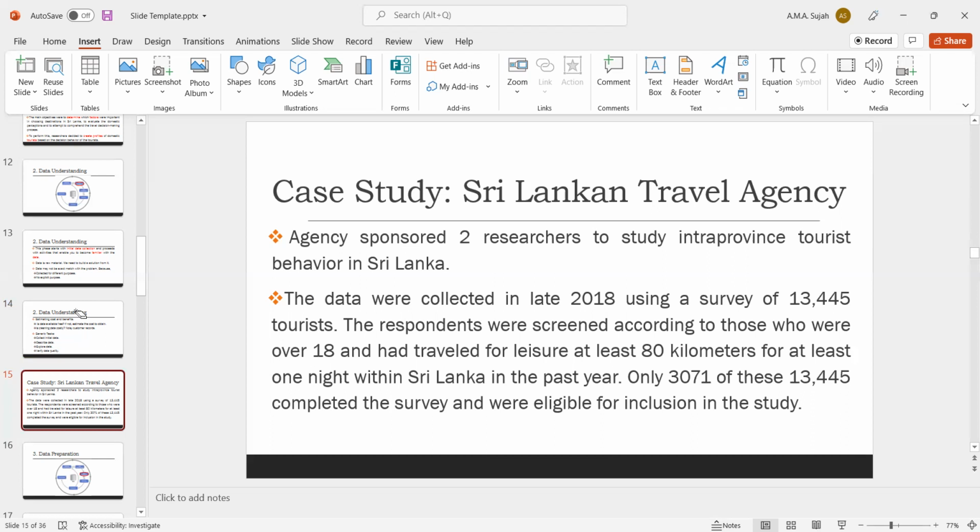So for the data understanding, what they are doing is assigning research people to collect the tourist data, or they are doing a study related to Sri Lankan tourist interest. It's different. There are some reasons people visit Sri Lanka. So based on their study, they will report these are some aspects we will notice among the people who visit.